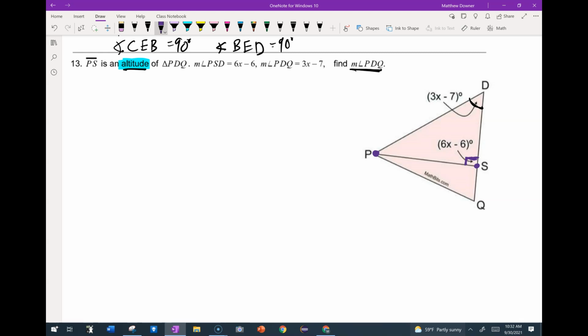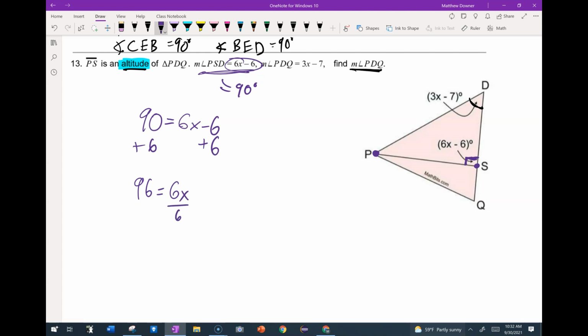If that's the case, I know that angle PSD should be a right angle, or 90 degrees. But it's also represented by 6x minus 6. So I can set 90 degrees equal to 6x minus 6 and solve from there. If I add 6 to both sides, I get that 96 is equal to 6x. And if I divide out the 6 on both sides, I find that x is equal to 16.